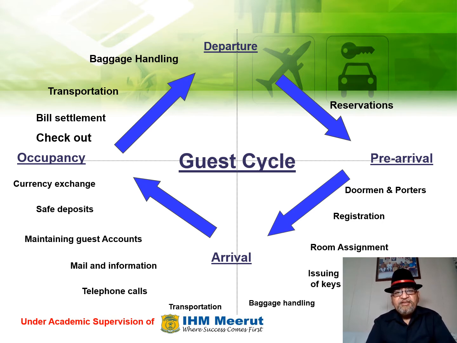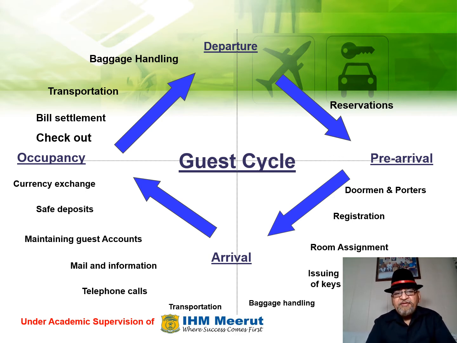After that is registration and the front desk, front office, which assigns rooms to the guest, issues the room keys to the guest, and all the baggage handling is done by the front desk, by the bellboys of the front office.